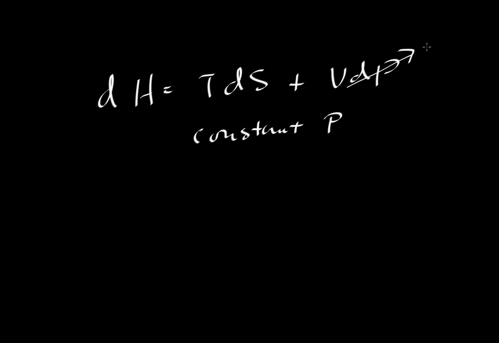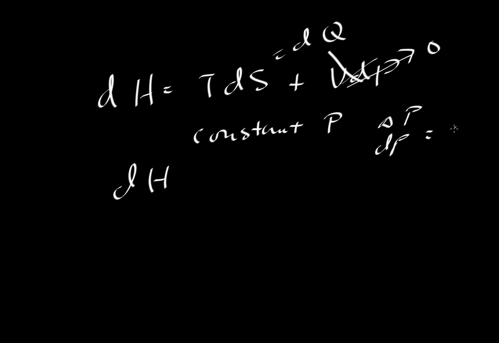That means dP goes to 0, this term drops out, and then this thing here is simply equal to Q. So dH, under conditions of constant pressure, where dP is equal to 0, means that dH is equal to dQ. It's not always equal to dQ, it's only equal under those conditions, otherwise we have this extra term.